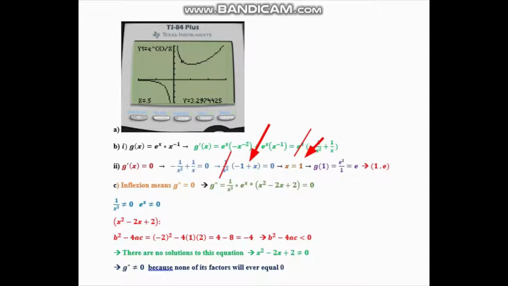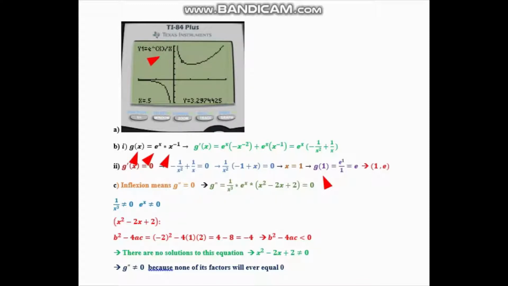Anyway, so in order to find the y coordinate, I shall substitute 1 instead of x in the original function. So I get e to the power of 1 over 1, or times 1 to the power of -1. That's the same thing. So whichever format of the original function you prefer, it doesn't matter.